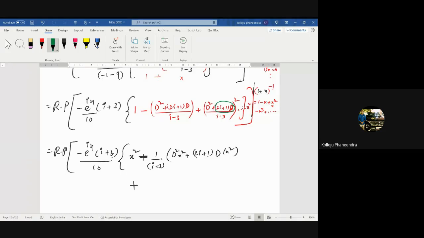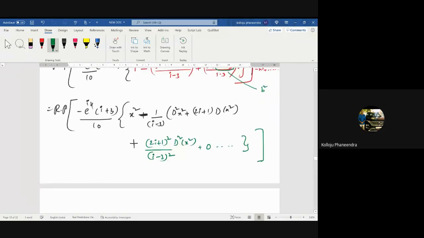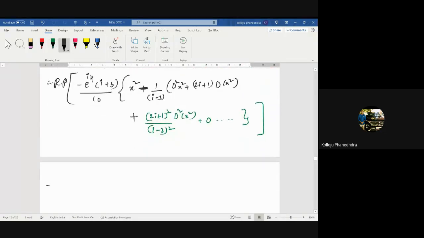Only the b square term is required. A plus b whole square, only the b square term is required. That is why I am writing that only. What is that? 2i plus 1 whole square D square of x square by i minus 3 whole square. Remaining terms are zeros. Now you can simplify this.